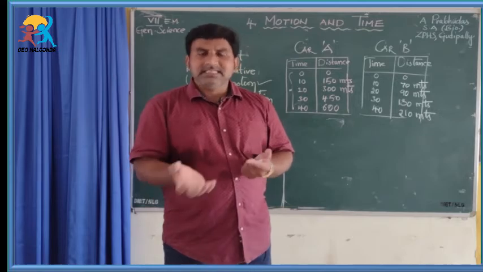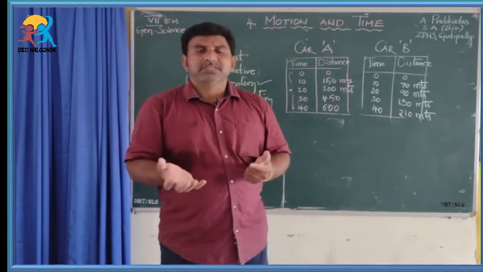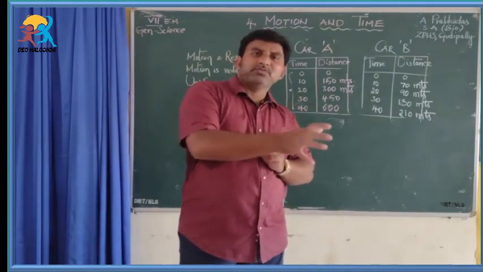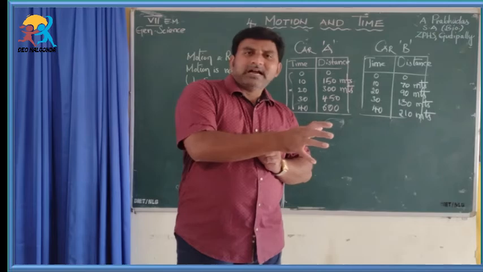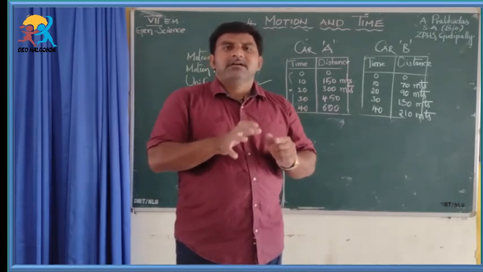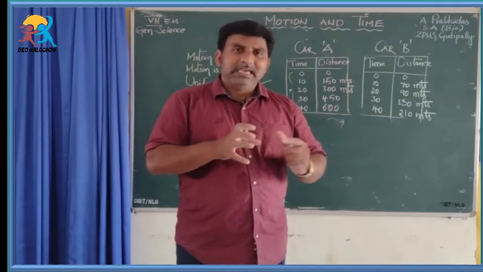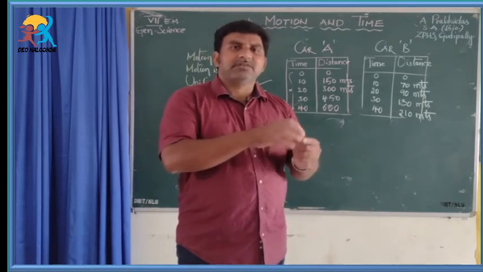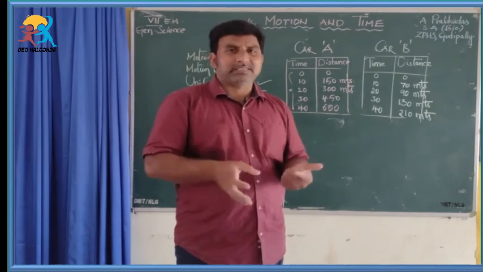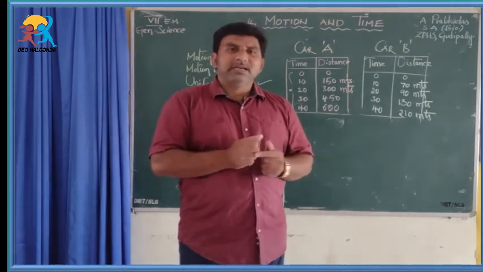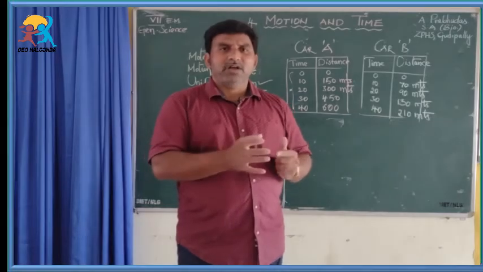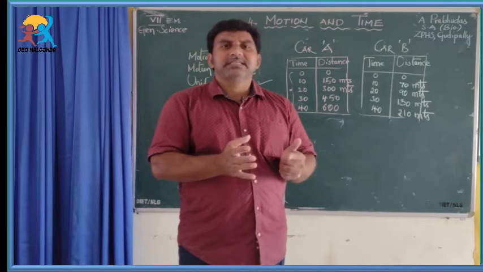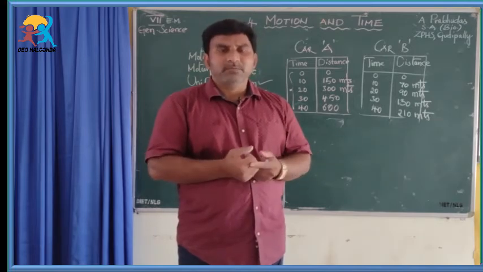Yes, this is the example for non-uniform motion because the boy is cycling in a crowd, sometimes moving with high speed and sometimes with very slow speed, which means the distance travelled or covered by the boy is not the same always. So, a boy moving in a crowded place is an example for non-uniform motion.